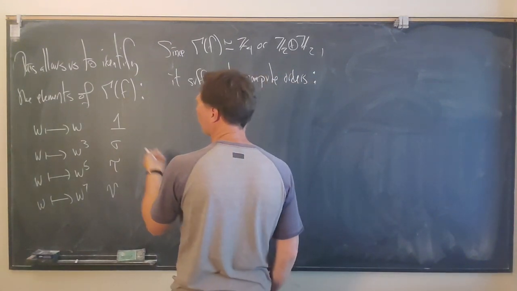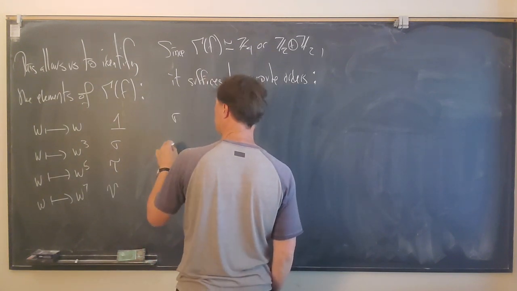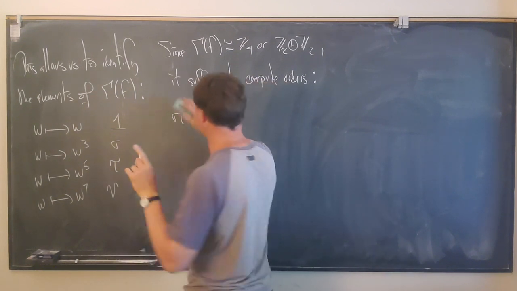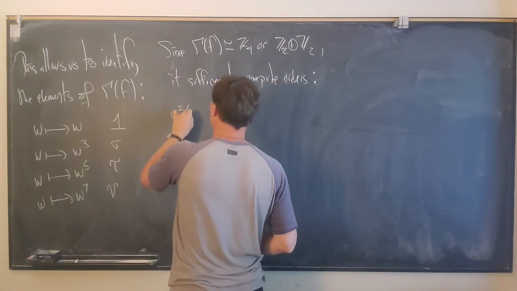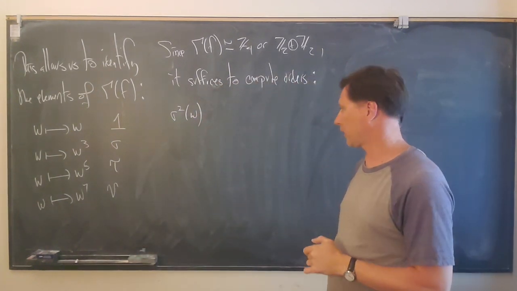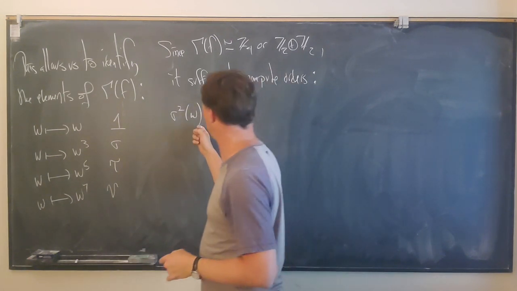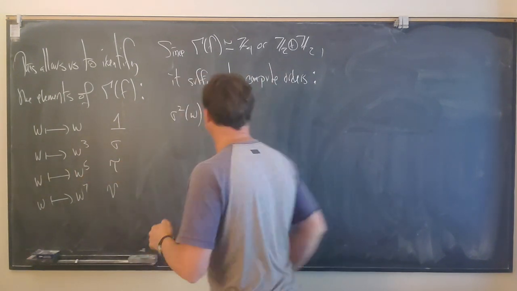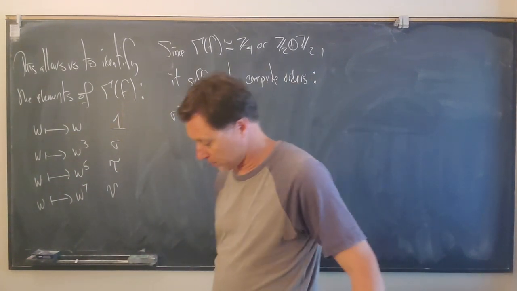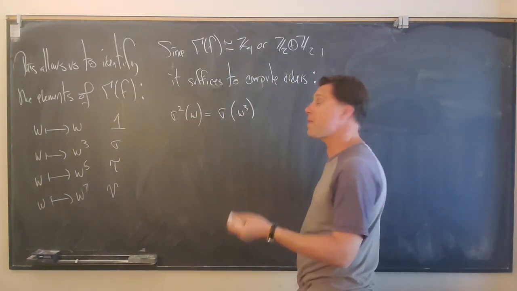So let's just compute it here. Of course, the identity has order 1. Now let's look at the order of sigma. Remember, the operation is composition. So we look at sigma squared of omega, and that means sigma of sigma of omega. Sigma sends omega to omega cubed, so that's sigma of omega cubed, which is going to be omega to the 9th.